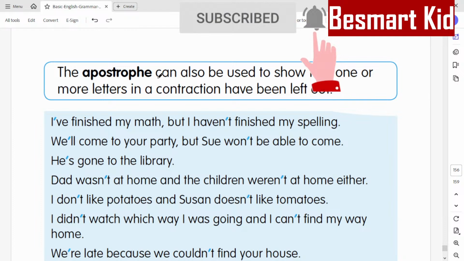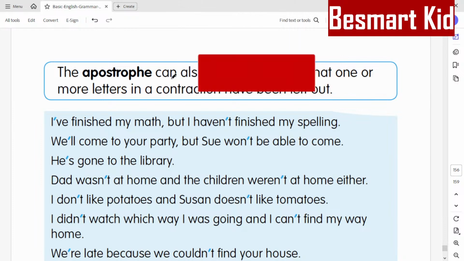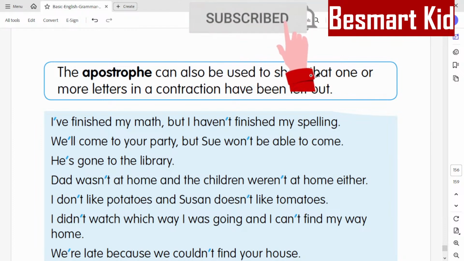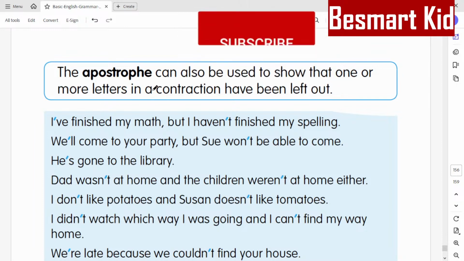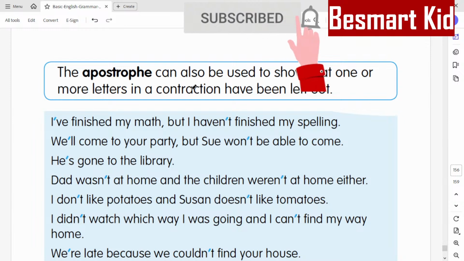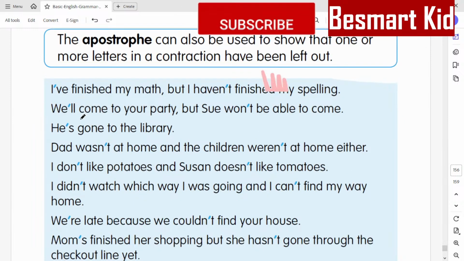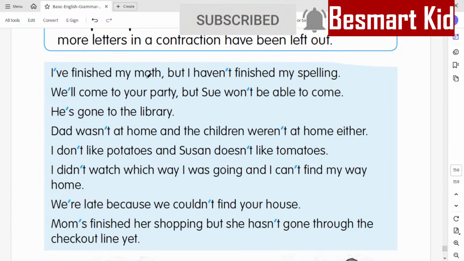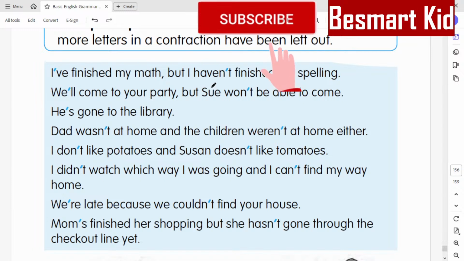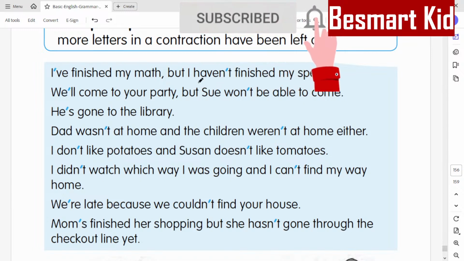The apostrophe can also be used to show that one or more letters in a contraction have been left out. For example, I finished my math, but I haven't finished my spelling.